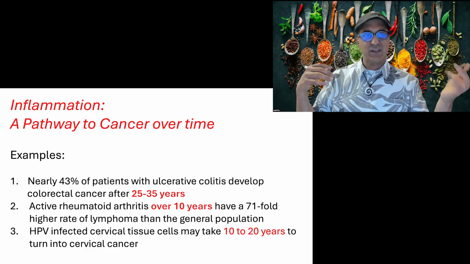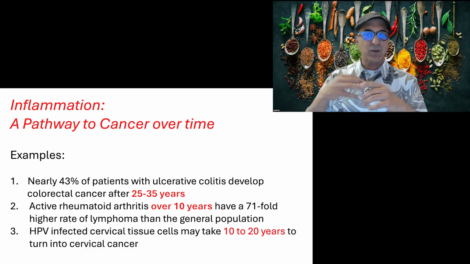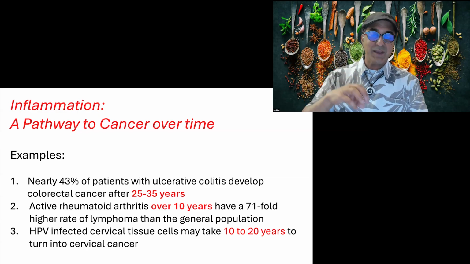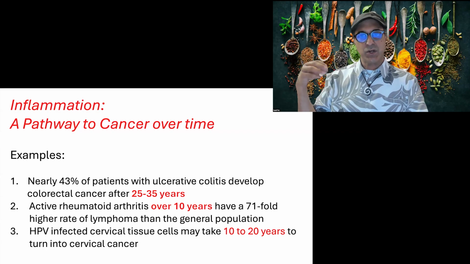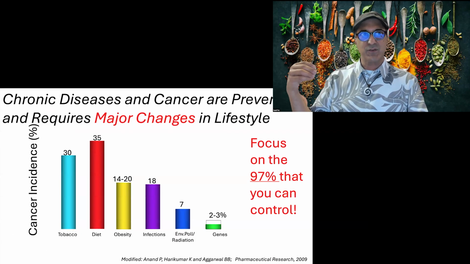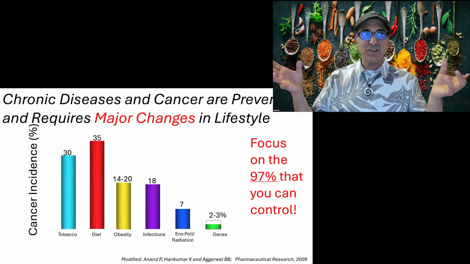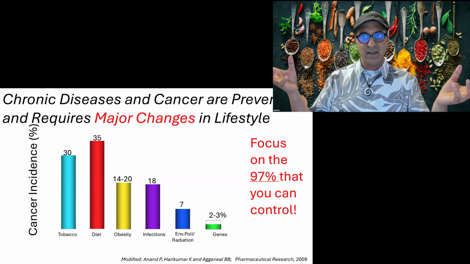Even viruses like HPV in the cervical tissue can turn into cervical cancer in 10 to 20 years. So inflammation not only generates the diseases, but also increases the degeneration of those conditions and risk factors for cancer overall. So chronic disease and cancer are pretty much preventable in the majority of problems in people that we see on a daily basis.